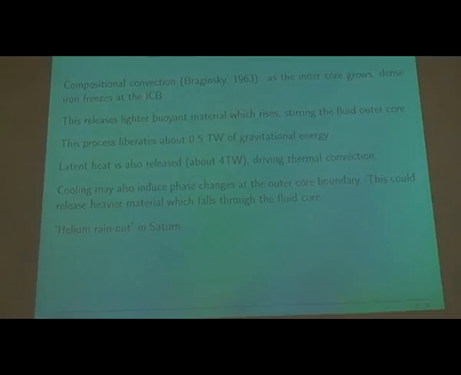Compositional convection was introduced by Braginsky in 1963. He pointed out that as the Earth cools down, its inner core is actually growing. The dense iron is freezing at the ICB, and that's releasing buoyant material. This process is liberating about half a terawatt, 10 to the 12 watts, of gravitational energy. A power station typically produces something like 10 to the 9, so it's not huge compared to ordinary terrestrial numbers.